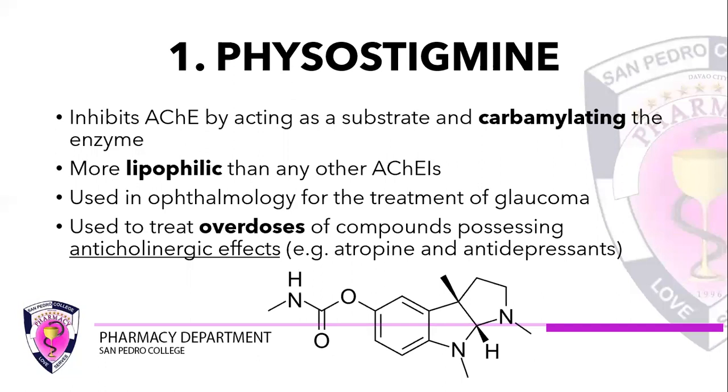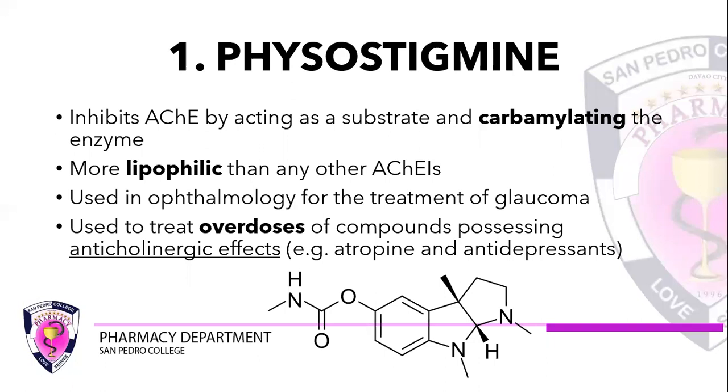So examples of the reversible acetylcholinesterase inhibitors are the following. First one, physostigmine. As mentioned earlier, it inhibits acetylcholinesterase by acting as a substrate and carbamylating the enzyme. It is more lipophilic than any other acetylcholinesterase inhibitors, and it is used for the treatment of glaucoma.